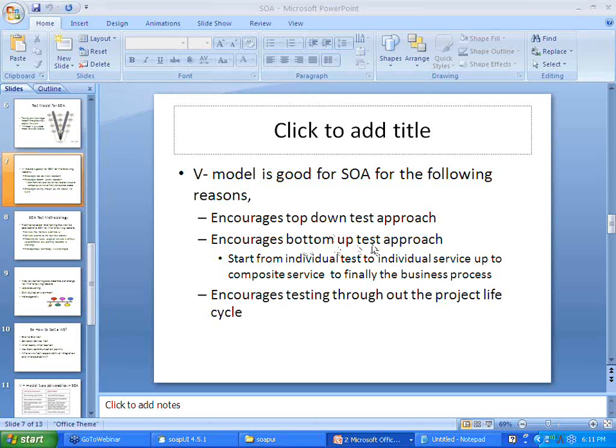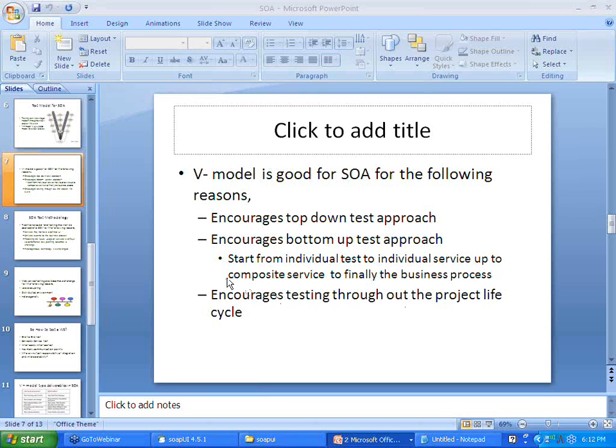Right? Since the components are loosely coupled, in whichever direction you go, it is your wish. Finally, the composite service should help you realize the full business process. That's all. Right? And like we all have seen in the diagram, it encourages testing throughout the life cycle of the project. So that is one added advantage.